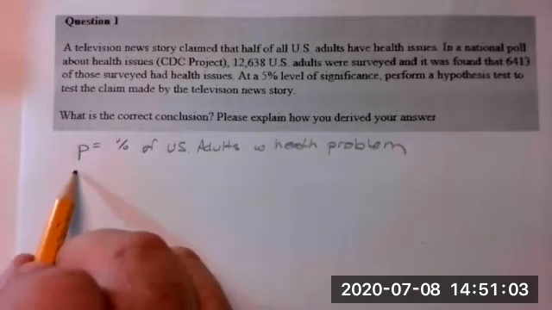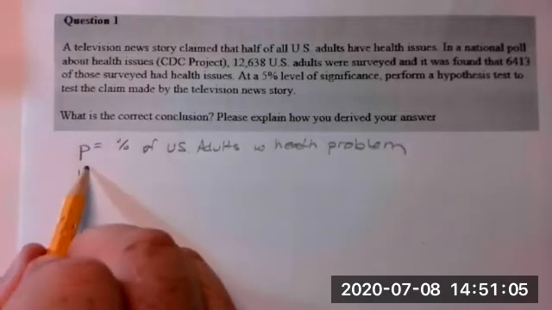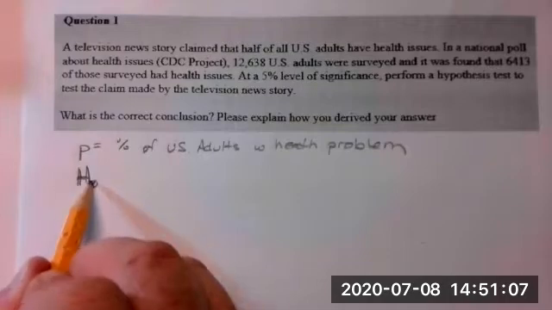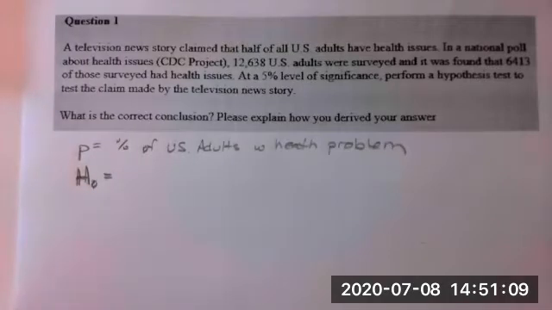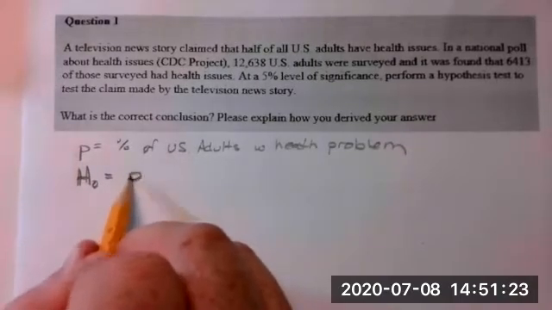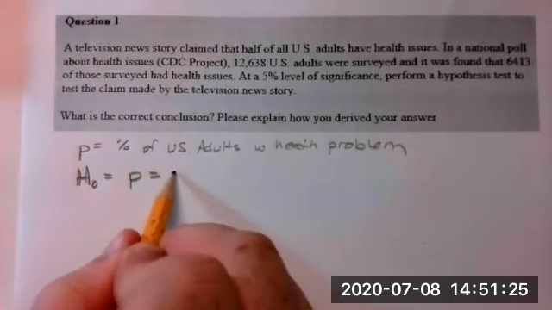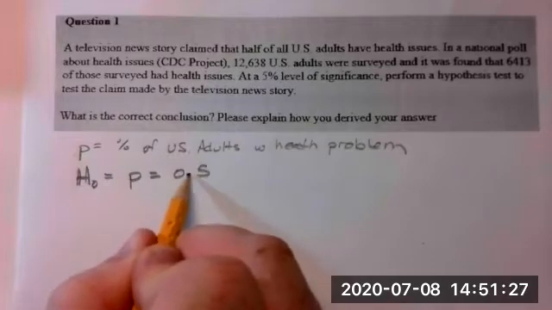And so I'm going to write out the hypotheses here. We have our null hypothesis, and this is the thing that is accepted to be true. So I'm going to say that the null hypothesis is that half, that the percentage of adults who have a health problem is 50% or 0.5. So I'm going to say P is equal to 0.5.